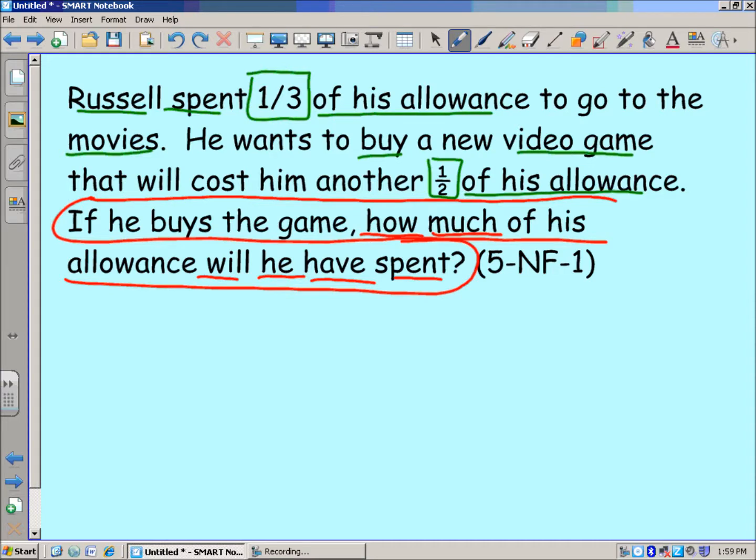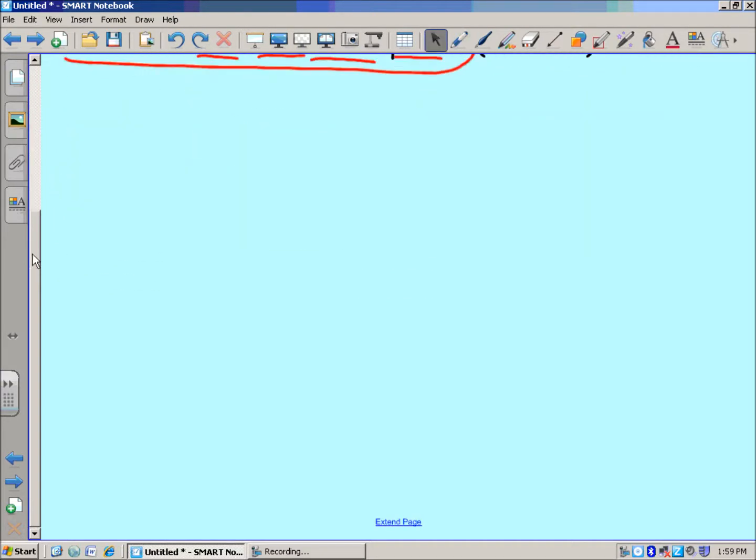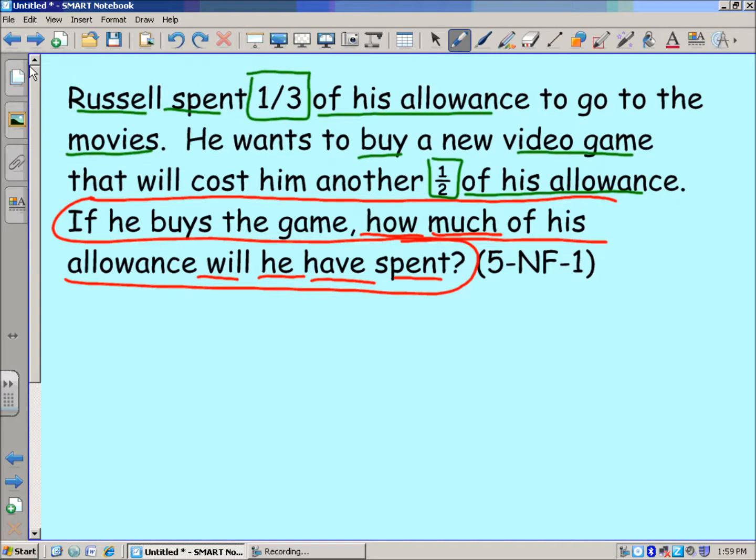So if you're trying to figure out how much of his allowance he spent in total, hopefully that tells you that you're going to add. So we'll take 1/3 plus 1/2. So he spent 1/3 going to the movies and 1/2 on the video game.